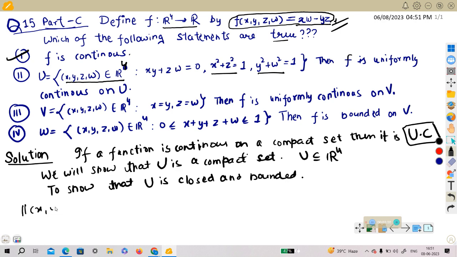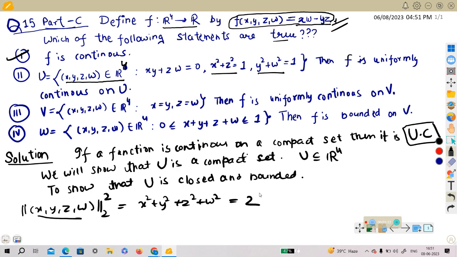we take the norm of any element (x, y, z, w), the 2-norm, the Euclidean norm, and square it. What will it give? x square plus y square plus z square plus w square, and its value is 2. Thus, every element in U has norm root 2.